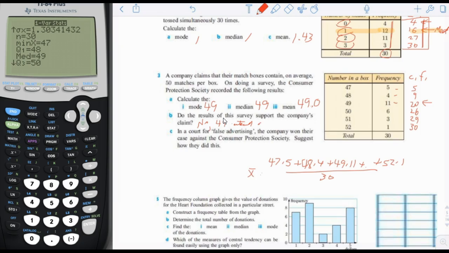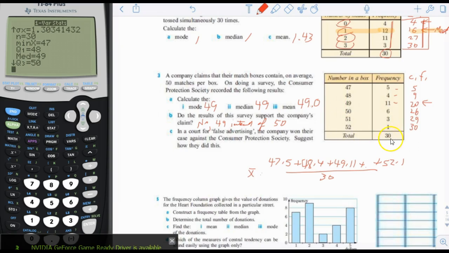In a court for false advertising, the company won their case against the Consumer Protection Society. Suggest how they did this. Well, when they figured out that the average here was 49.03, they only checked 30 boxes of matches. How many boxes of matches does this company produce? Maybe millions. So, is 30 out of a million a big enough sample to get an accurate count? Probably not.